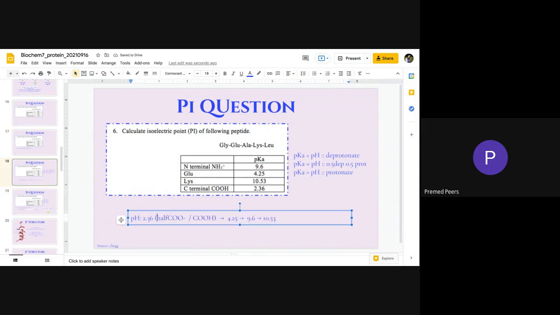So that leaves us at about negative 0.5 for the C terminal.